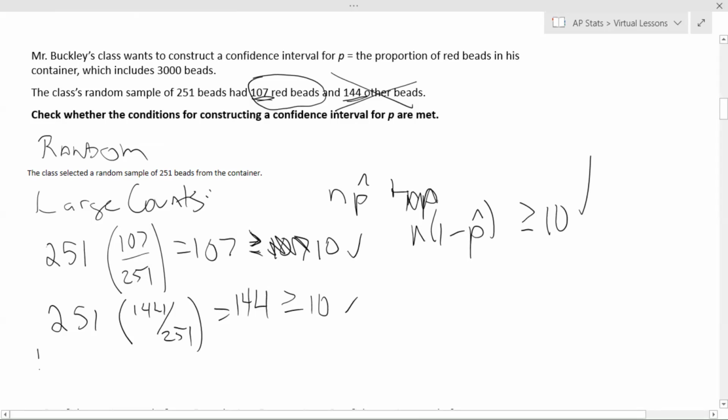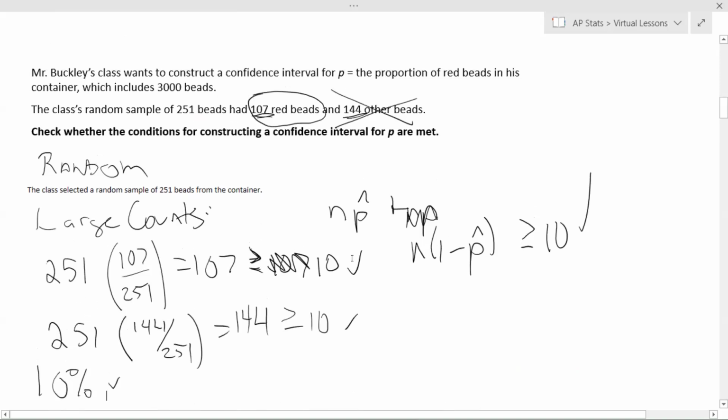And then we also have the 10% condition. Again, you cannot just write the 10% condition down and then just put a check mark. That is not sufficient. Okay.